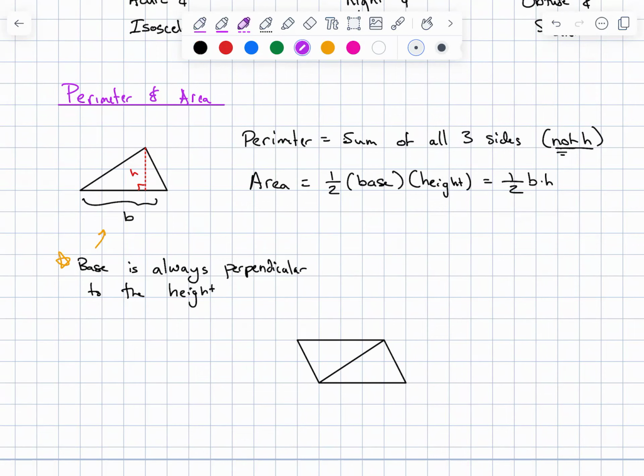And so this distance is once again the height, and you don't need to draw this, by the way, it's just for proof's sake. And once again, this is the base. And what type of shape is that? That is a parallelogram, and the area of a parallelogram is base times height. So the area of the whole shape would be base times height, but we only want one of the triangles, so we'll divide the total number by 2. Boom, proof. So pretty cool.